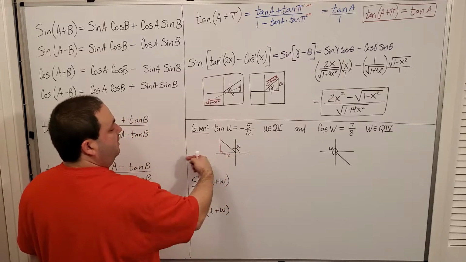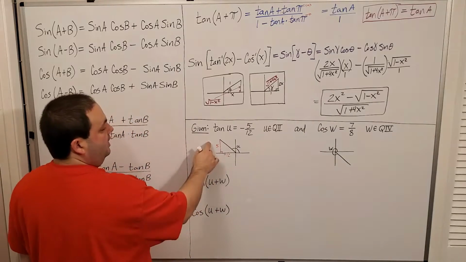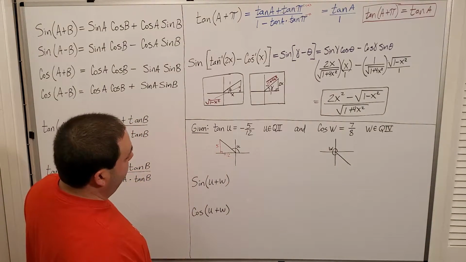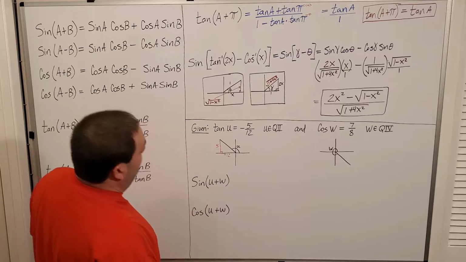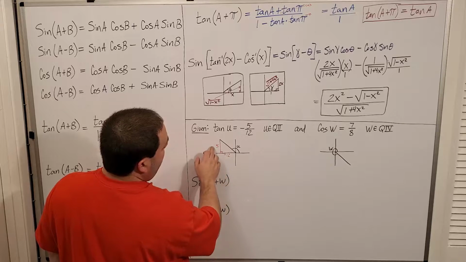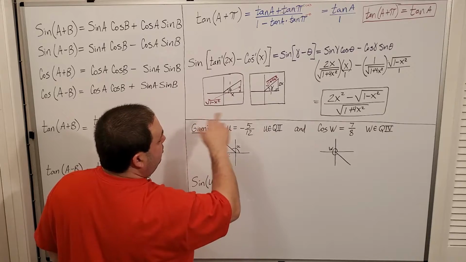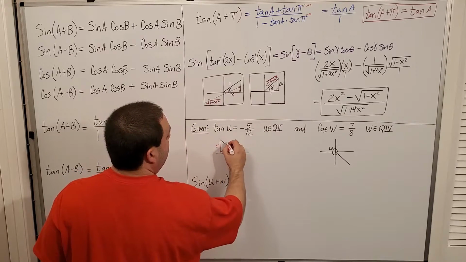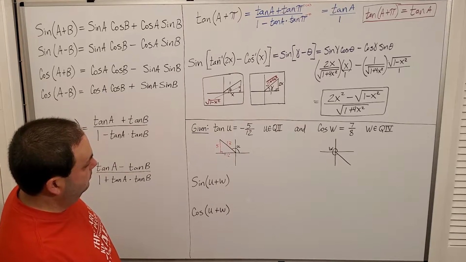This is negative 12 because it's in that direction, and then 5 is over here, right? Because tangent's opposite over adjacent. Okay. Then I can also solve for the hypotenuse there. 5 squared plus 12 squared, 25 plus 144 is 169. Square root of that is 13. So 13 happens to be the hypotenuse over there.